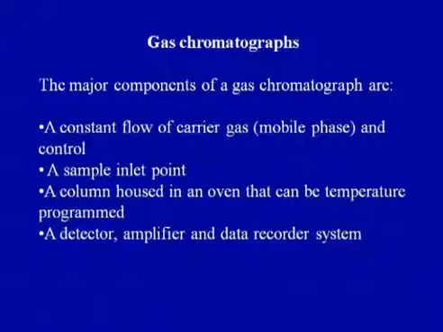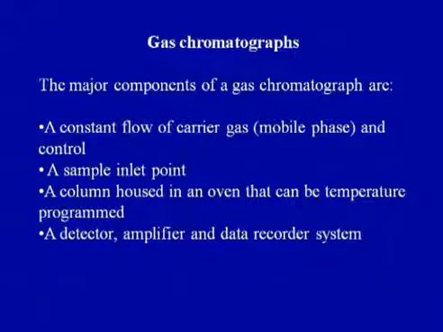So, there is a sample inlet point which is very important. Then a column has to be housed in an oven, because you are doing the separation procedure at a very high temperature, and the oven should be temperature programmed.